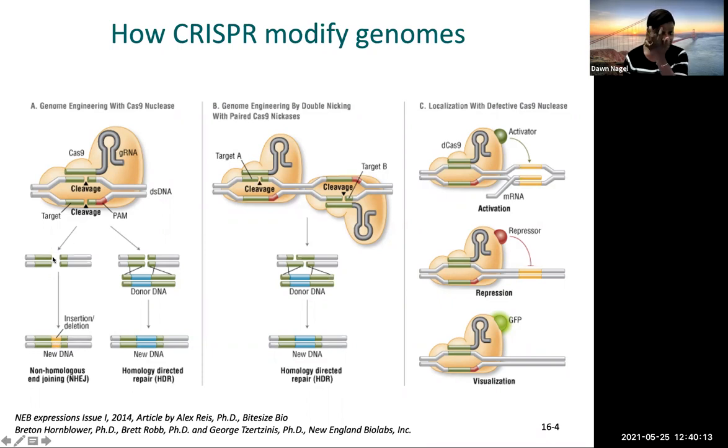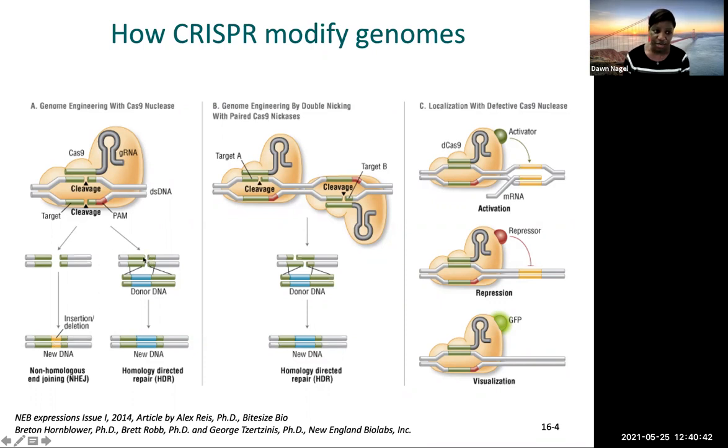You have DNA polymerase that's going to chew back some of this DNA and add bases to fill it in. So you can end up with sequences that were deleted or sequences that get inserted randomly. And that's what creates the mutation, because you're modifying this DNA. If it's a gene, you're modifying that gene by adding or deleting bases.